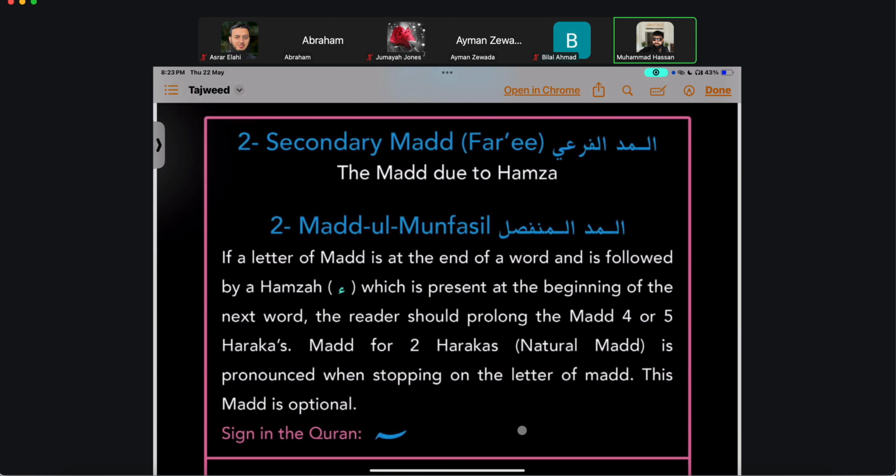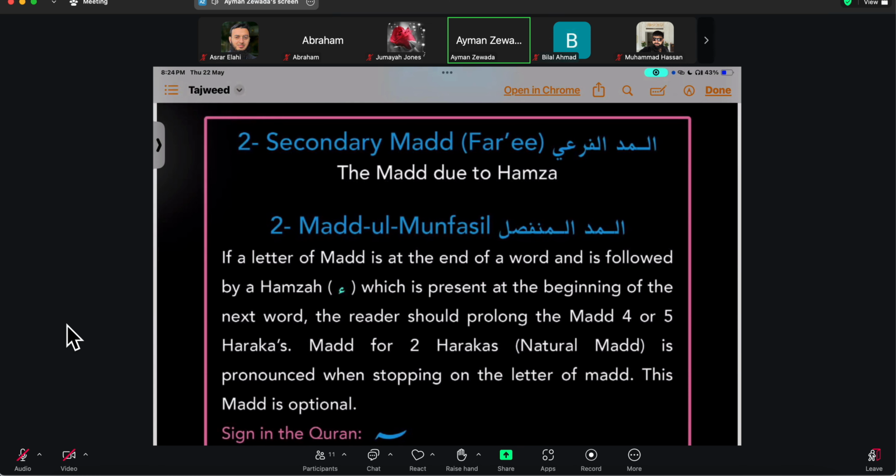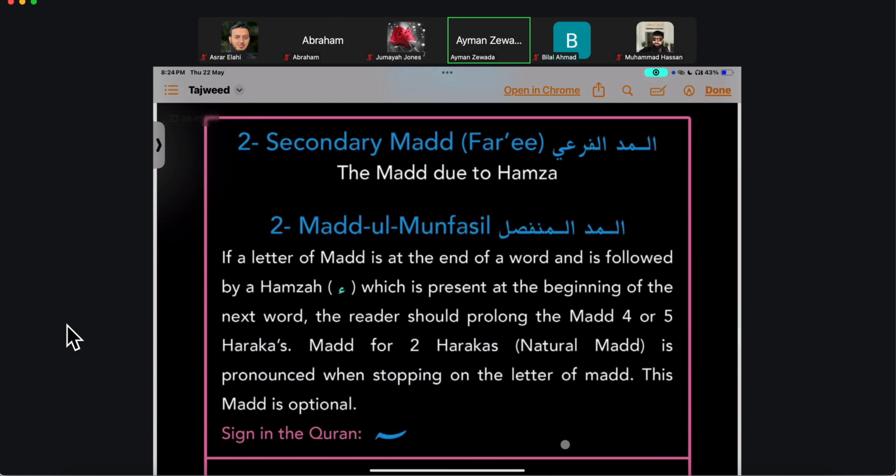But then when I listened to the recitation of one of the reciters, he was saying it shorter. So I was like, okay, I understand now. Brother is right. Jazakallah. Yeah, mashallah, that's a really good tip as well. Thank you guys for sharing. Everyone, if your breath is short and you don't think you're up to it, then you can omit the mad munfasil. That way it's easier for you to read the Quran without stopping at awkward places.